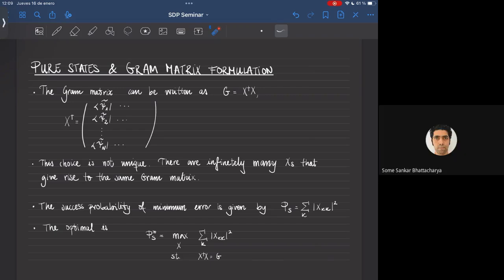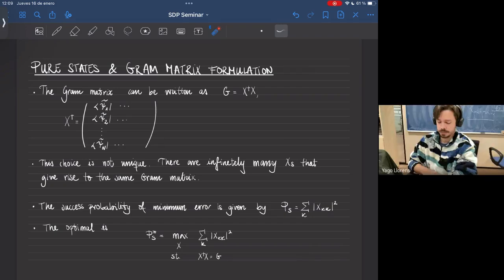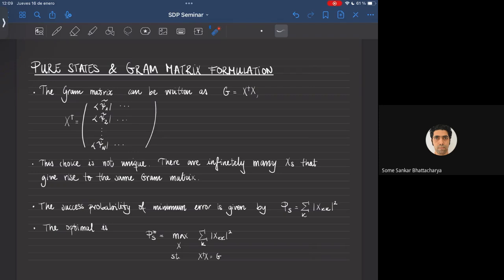Let's say if you consider the Hilbert space dimension, then that information will give you the full information about the ensemble. But two different ensembles may have the same gram matrix. So what I'm saying is that, of course, the gram matrix simplifies your problem in this case, but it definitely does not have all the information about the ensemble.